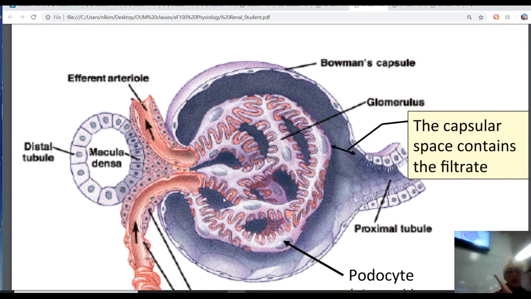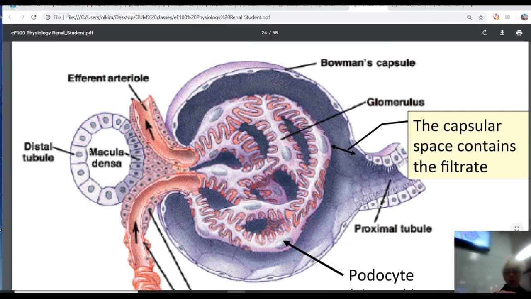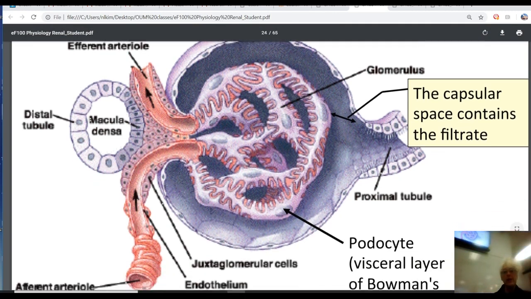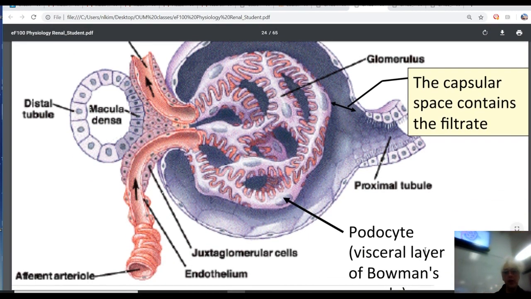So here's, this is kind of upside down, I guess. This is efferent going away, afferent going to. Here's your glomerulus. Here's Bowman's capsule. So you can see that they've blown this up, and you see this space, and there's a pressure gradient here. There's a pressure gradient here. Here's your proximal tubule.